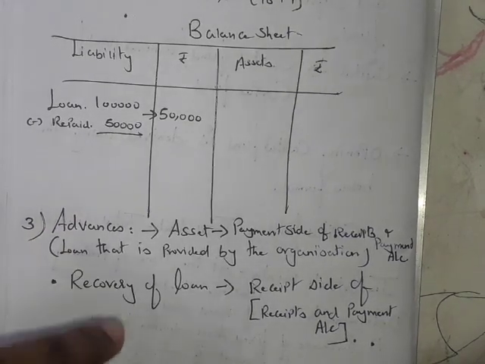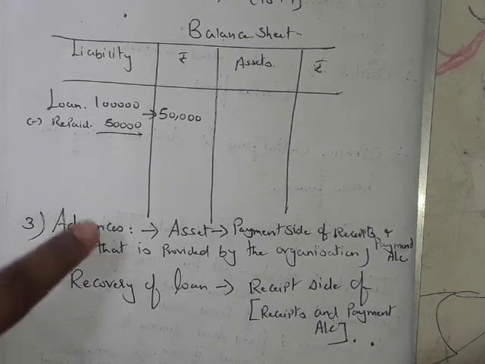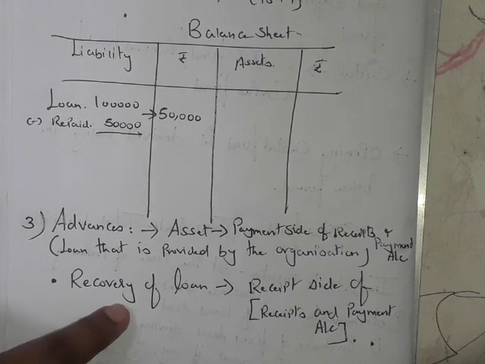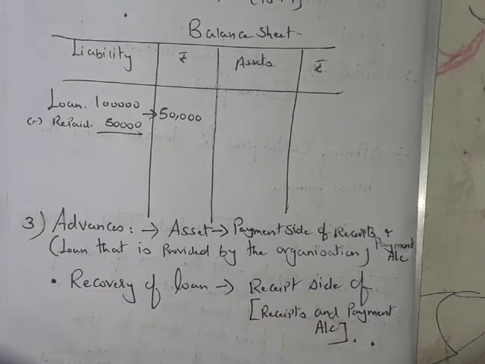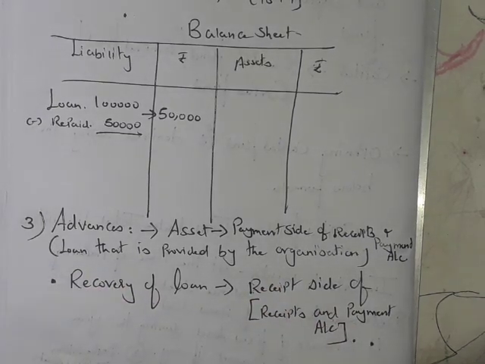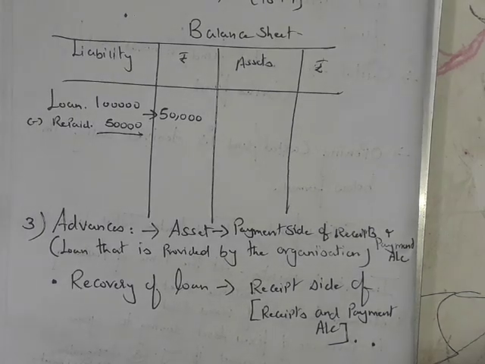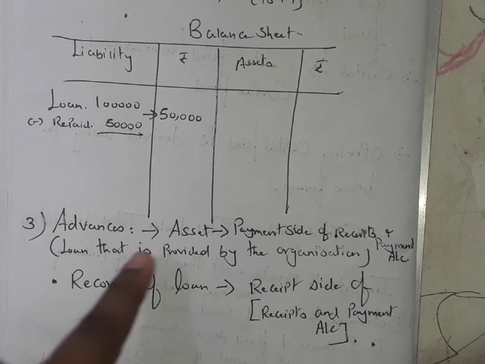Any recovery of loan, if it has happened against the advance you have given, will appear on the receipt side of your receipts and payment account. I repeat it. Loan is a liability, whereas advances is an asset. A for advances, A for asset.